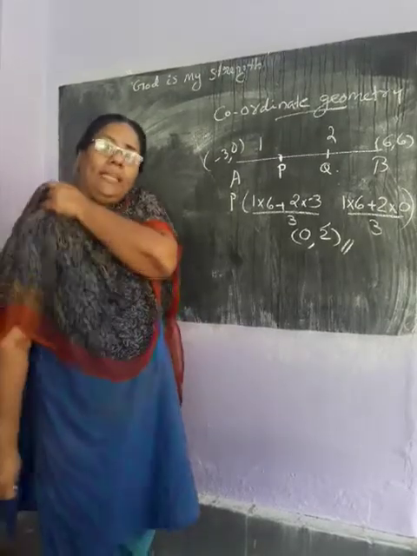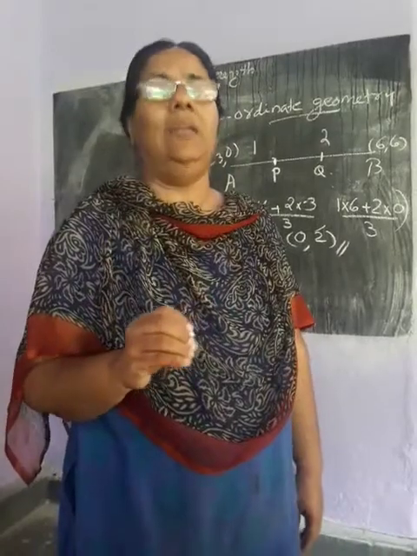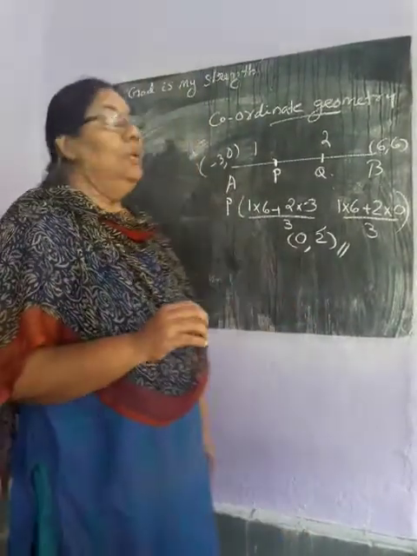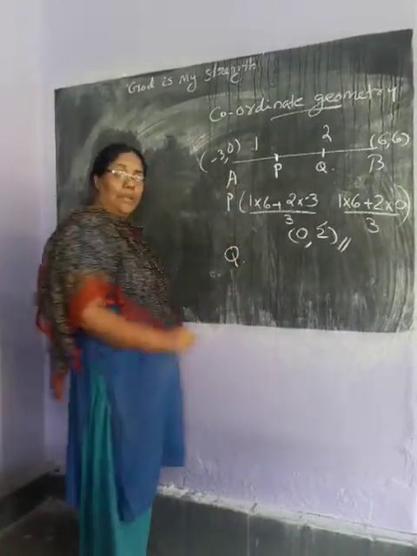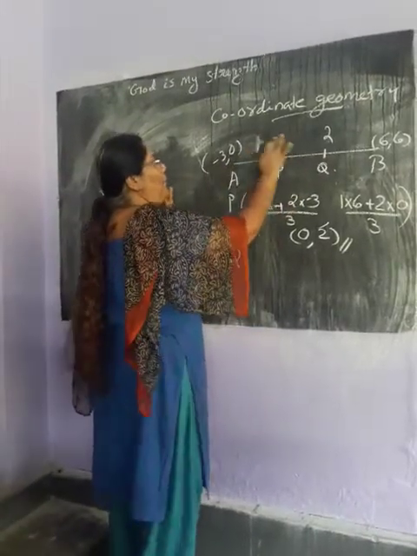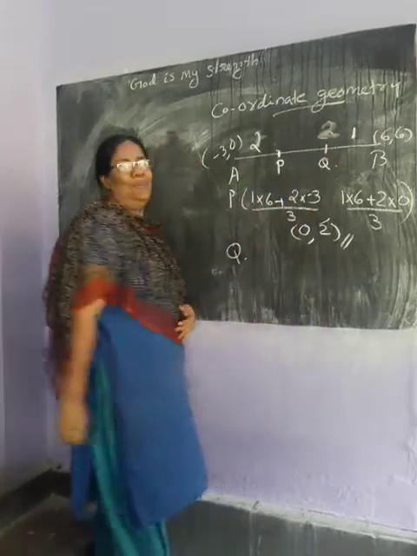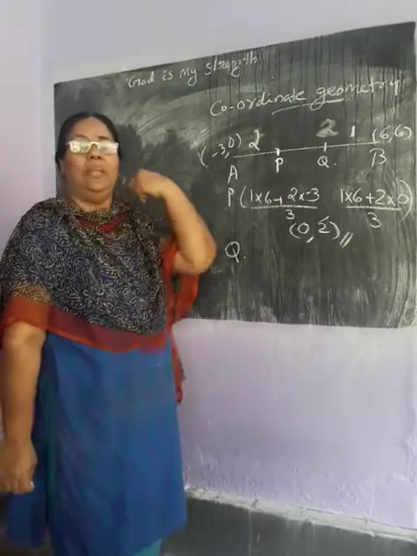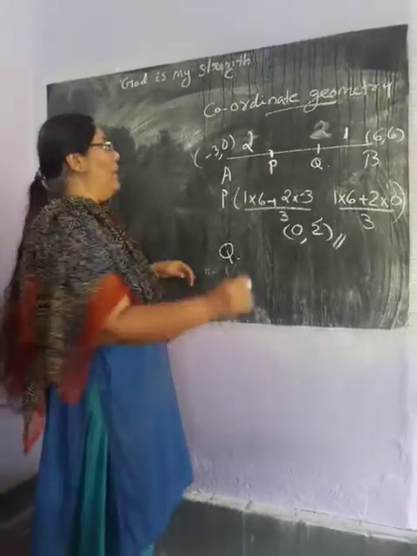Understand? To find the point P, P divides that line segment in which ratio? In the ratio 1:2. To find the point Q, how can you take the ratio? For Q, the first part is 2 and the second part is 1.